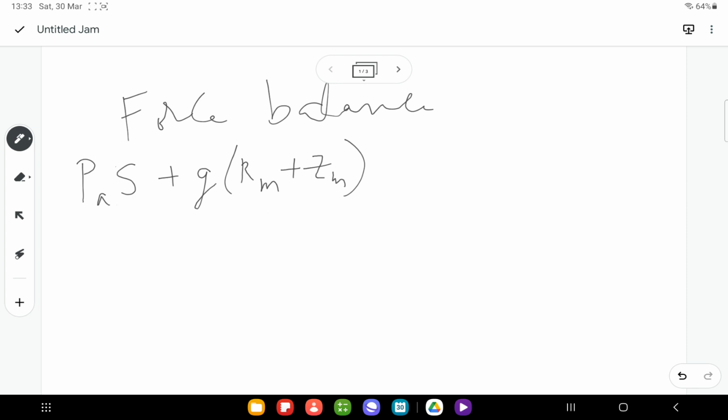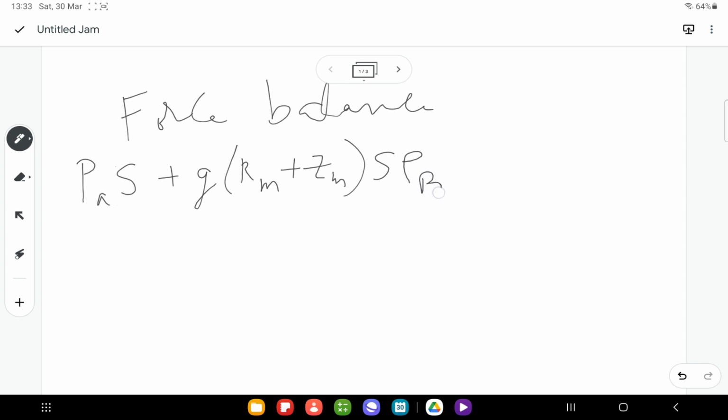into the cross sectional area. So this is area into height, which is volume, so it is mass times g, into density. What is the density?